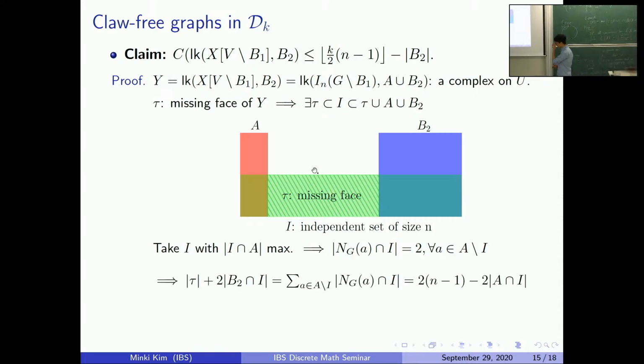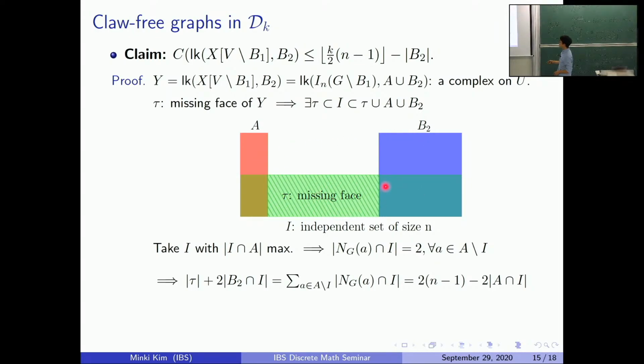Then we can do some double counting by summing up all these intersections. Any vertex in this red part should have two neighbors. So we have the size of A, which equals n minus 1, minus the size of A intersect I, multiplied by 2. On the other hand, consider the edges from here to there.